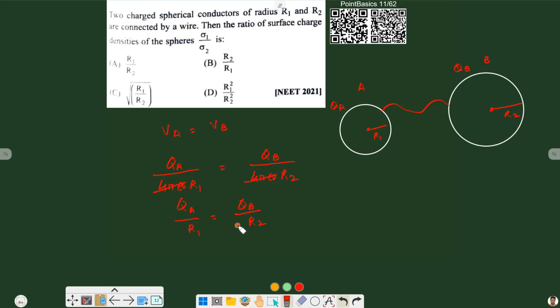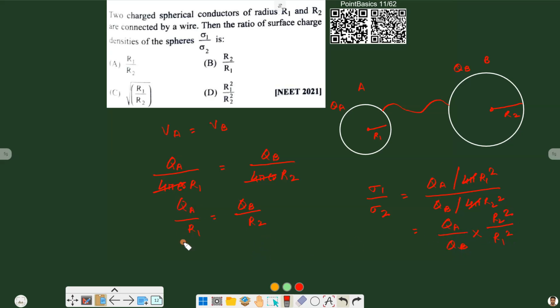Now we have to find the ratio of densities. Sigma 1 by sigma 2 is what we have to find out, and sigma 1 will be QA by 4 pi R1 square, and similarly sigma 2 will be QB by 4 pi R2 square. So 4 pi gets cancelled, and we will be left with QA by QB into R1 square by R2 square.